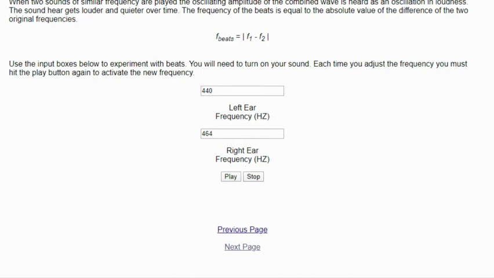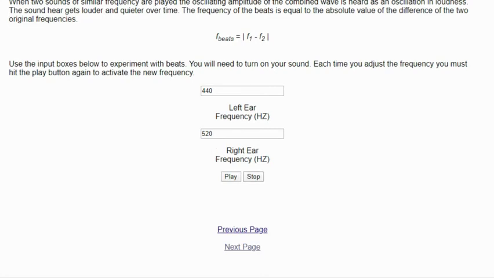Now, if you start to get really far apart, like 520, then you can start to get into an area of music called consonance, where the two notes are certainly not the same as each other, but they sound good together. We're talking about a musical third or a musical fourth or a perfect fifth or something like that.